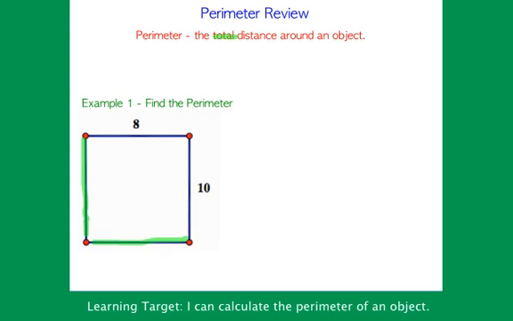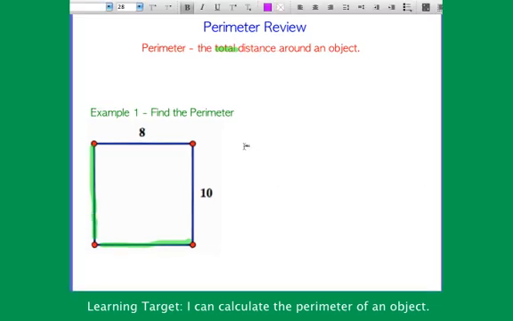So if I were to find the perimeter here, there'd be a couple different ways I could do it, but the easiest way would just be to go around. So I'm going to go on the top and go clockwise. So the top is 8 plus 10 plus 8 for the bottom plus 10 for the left side there.